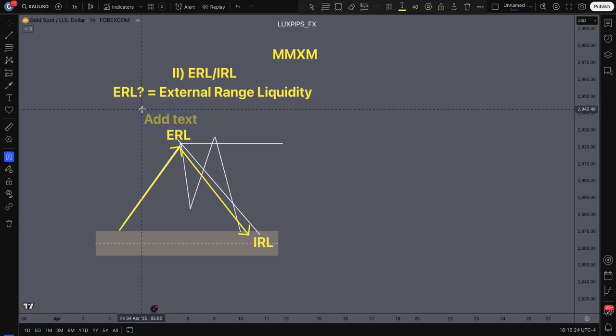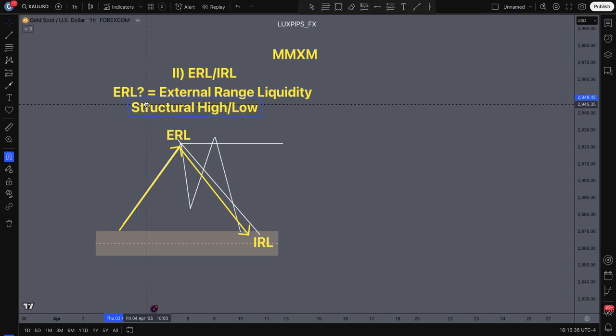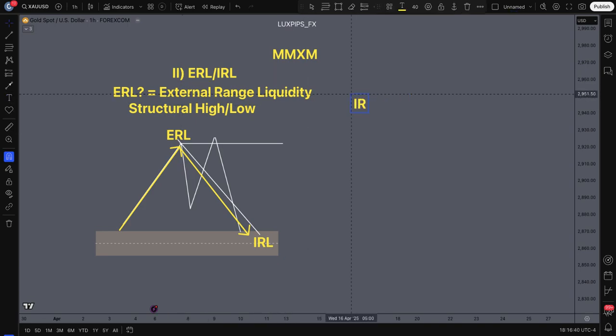So for ERL, I'll just put structural high or low. All right, what is IRL? It means internal range liquidity.